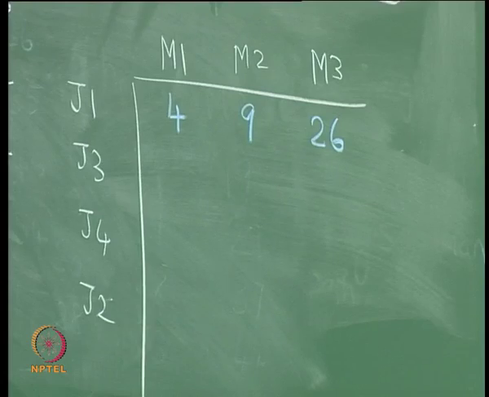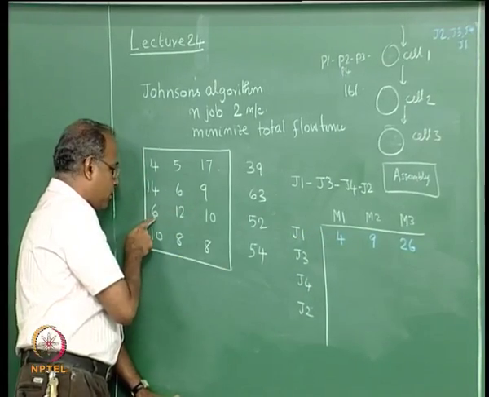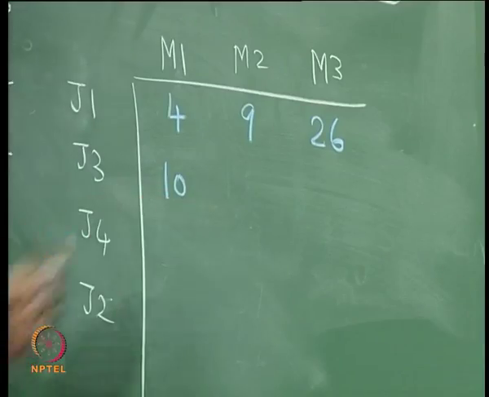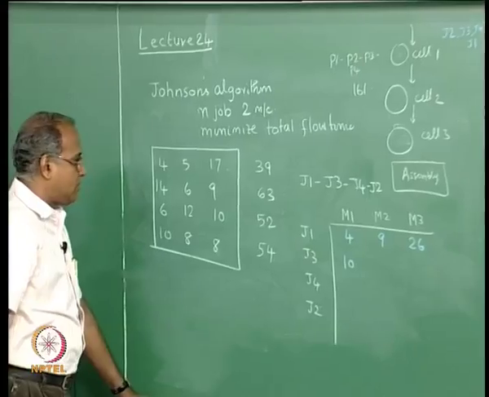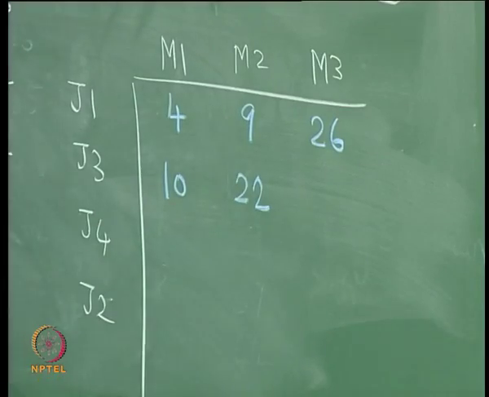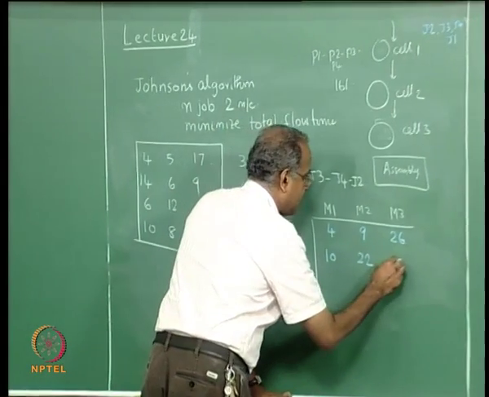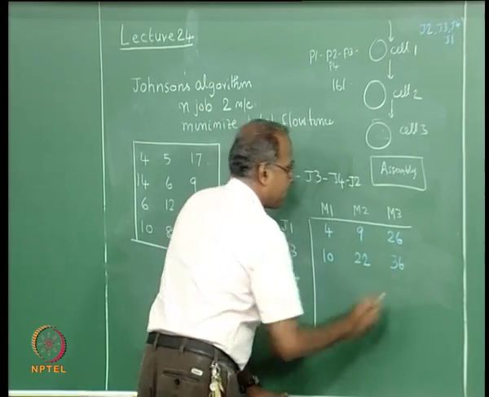Now comes J3, which can enter at 4, 4 plus 6, 10. By 10 M2 is free, so 10 plus 2, 12, 22, has to wait till 26, 26 plus 10, 36.